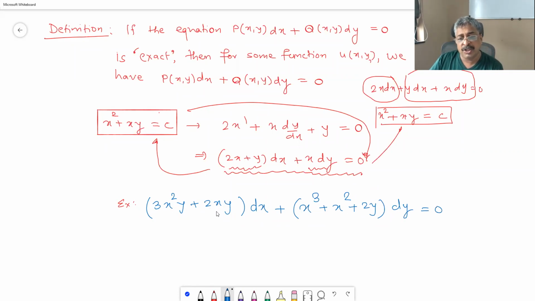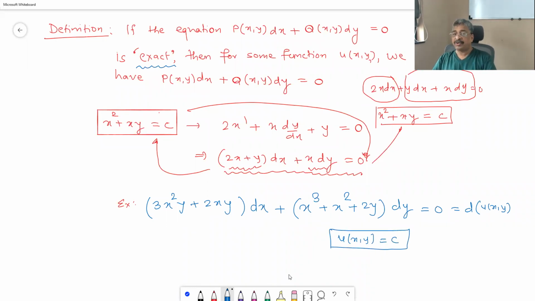Now, this is not homogeneous, this is not variable separable. So it is a difficult differential equation, but because I am talking about exact for the first time, this is exact. So can you cross check and find out whose derivative is this LHS, which we can write eventually as equal to derivative of u of x comma y, and then integrating both sides we get u of x comma y is equal to c as a solution of the given differential equation.